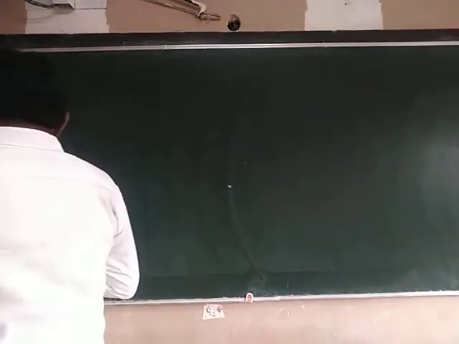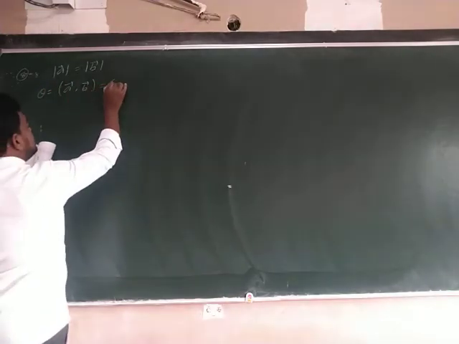Question number 8. Find the magnitude of two vectors A and B having the same magnitude, that means magnitude of vector A is equal to magnitude of vector B, such that the angle between them is 60 degrees, and their scalar product is 1 by 2.